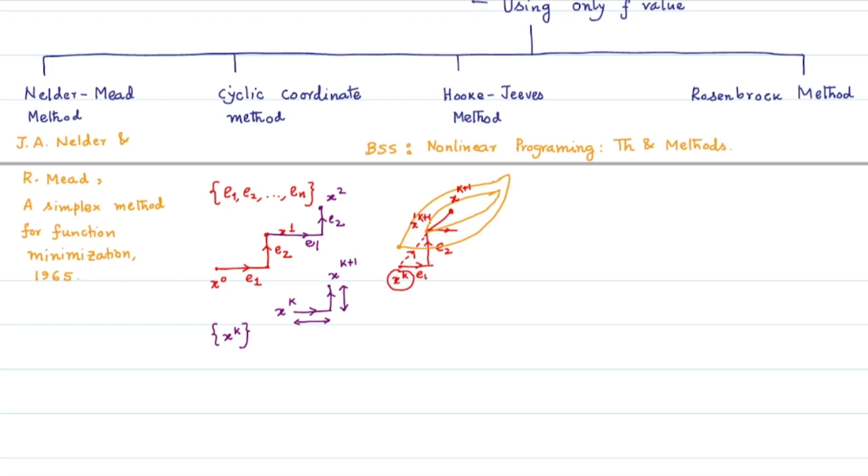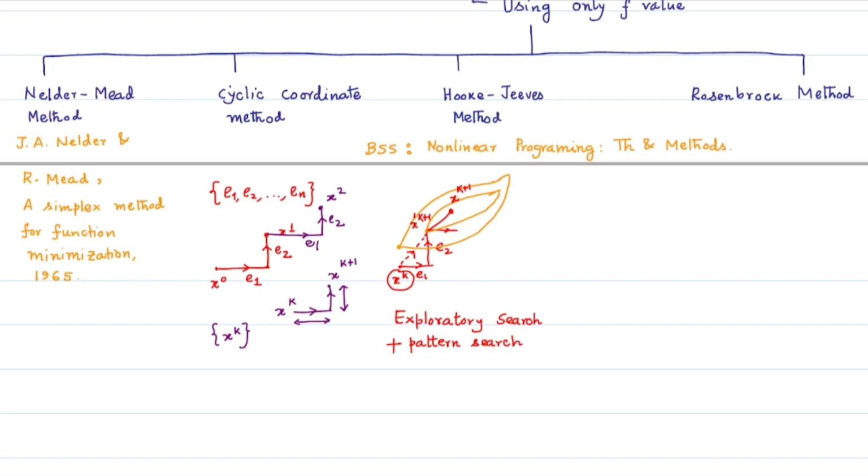So this xk plus 1 dash is an intermediate point that is found after exploring all the directions of the axis. The Hooke and Jeeves method is comprised of two particular steps. The first, the exploratory search, explores all the directions of the standard basis, plus it considers a pattern search, and then it finds the next iterative point. This is how the Hooke and Jeeves method works.